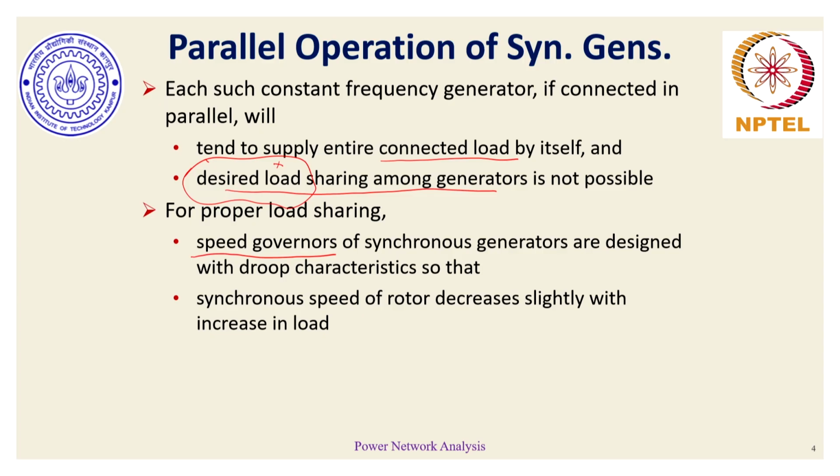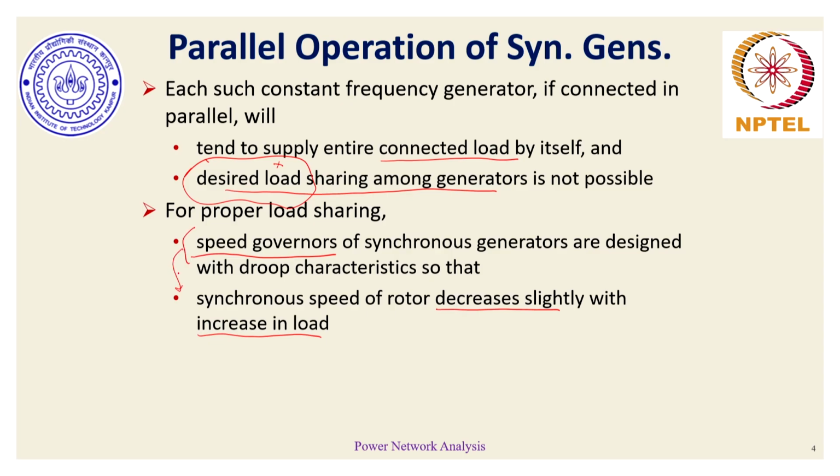In a nutshell, the purpose of speed governor is that when the load increases, to feed in more power to the corresponding connected load, the corresponding rotor speed decreases slightly, and this decrease in rotor speed for certain period of time is governed by this mechanism or device known as speed governor.